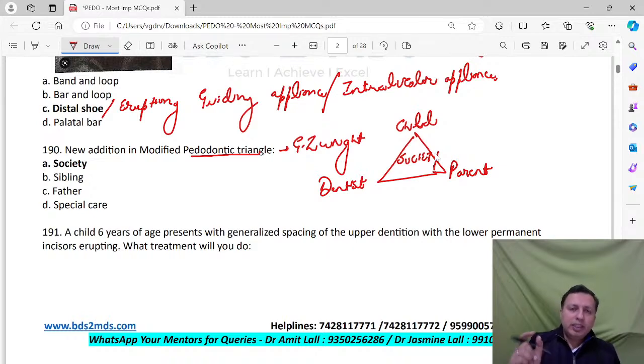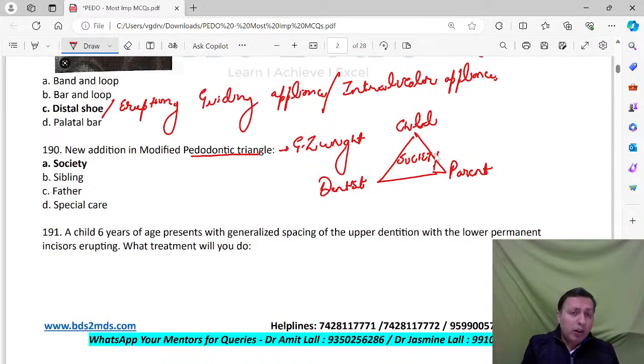See, one student is asking about the bilateral loss of the primary second molar. Now the management of bilateral loss of the primary second molar depends upon the age of the patient. If the age of the patient is, suppose, less than 6 years and the first permanent molar is unerupted, then definitely you can go for a bilateral distal shoe.